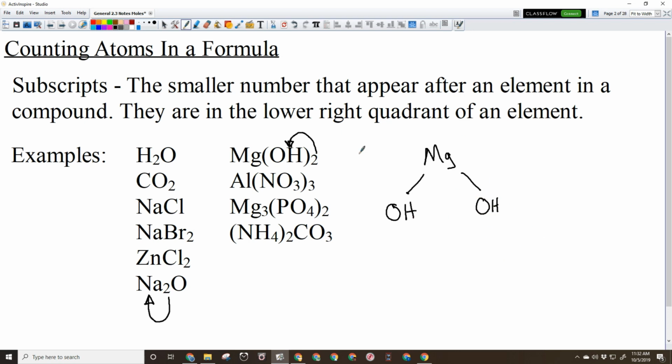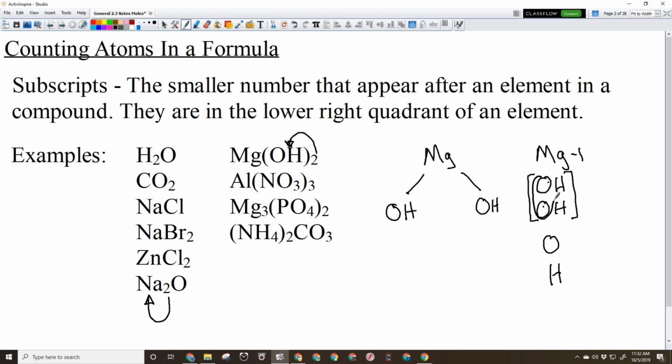So if we were to count these atoms, we would have 1 magnesium. And then for the OH, we would have 2 of those. Okay, so if we split that up into its elements, we have O and H. I'm just going to put a bracket around that. So O and H. How many oxygens do we have?